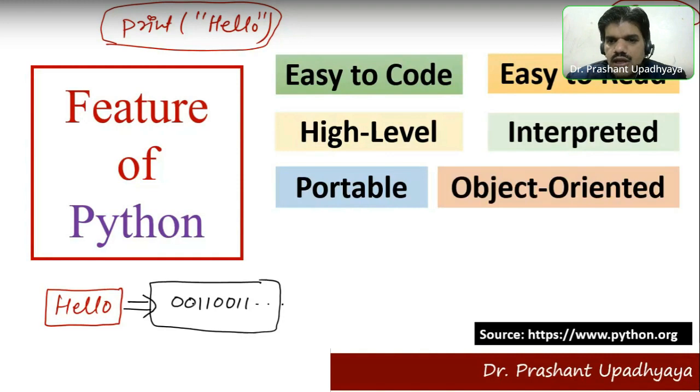Then we are talking about object oriented. Object oriented means that it has classes. We are talking about classes, inheritance and all. So at that time we say that Python is object oriented. Object oriented programming means that we consider something as an object, and every object has a type.